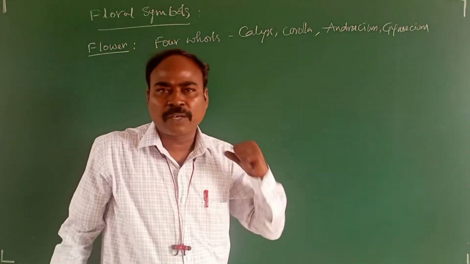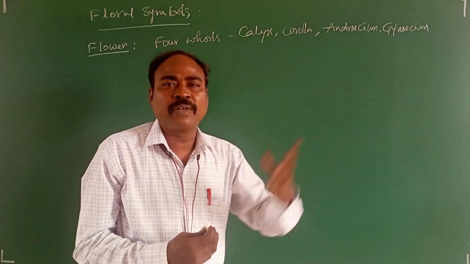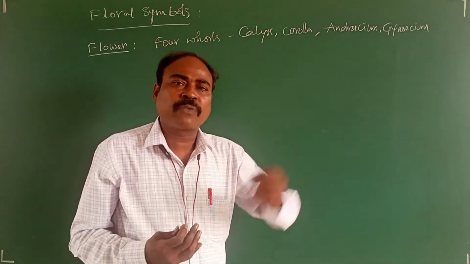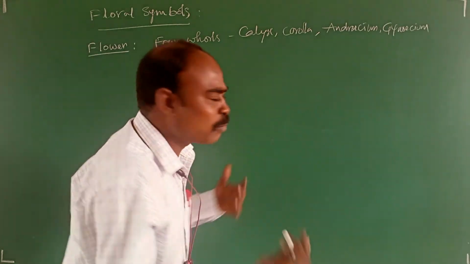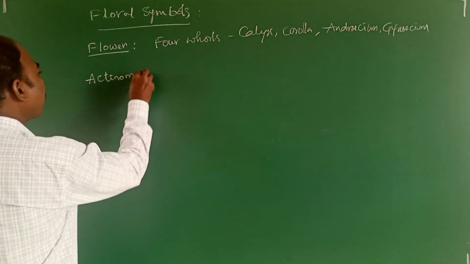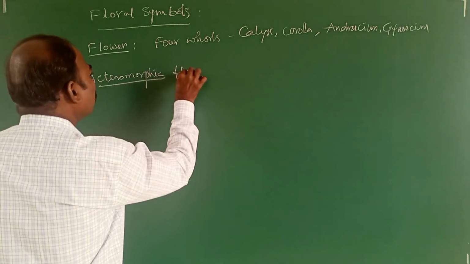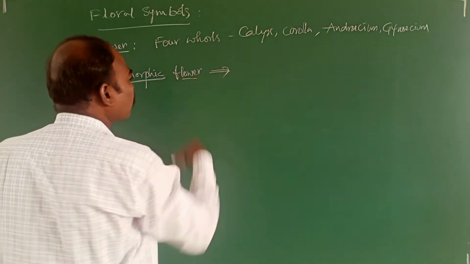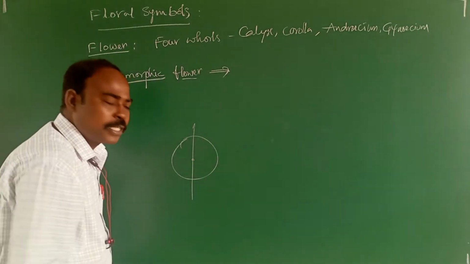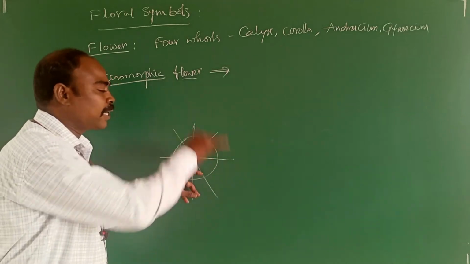You know about the symmetry of flowers, floral symmetry. What are they? Actinomorphic flower and zygomorphic flower. Let us start with the actinomorphic flower. What is an actinomorphic flower? A flower which can be cut into two equal halves, passing through its center under any vertical plane.